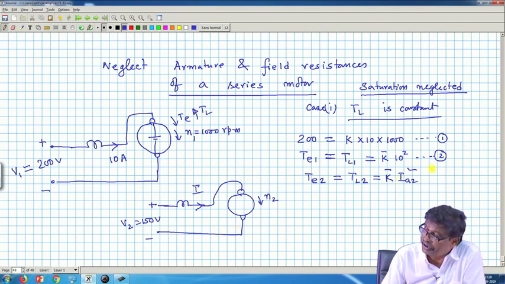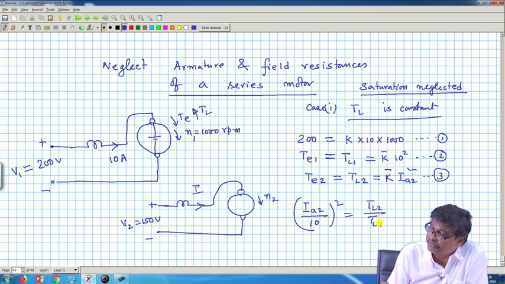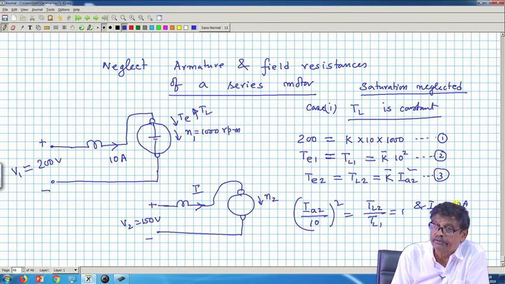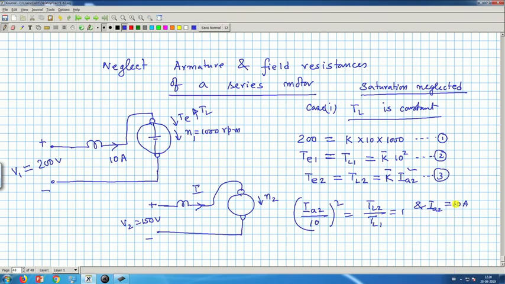Therefore, if you take the ratio between 2 and 3, IA2 by 10 whole square is equal to TL2 by TL1, and if TL2 and TL1 are same as per this statement, this is equal to 1, and I will say IA2 will remain unchanged. Final steady state current when you have applied 150 volt is going to be this.